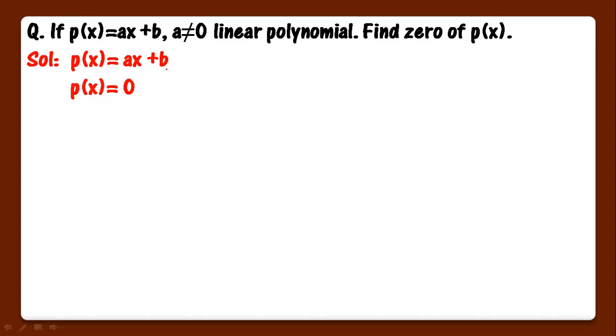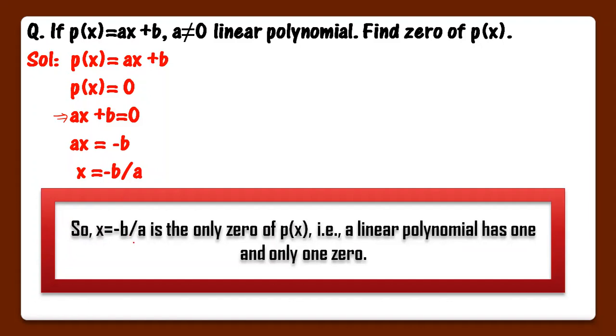We will put p(x) equal to 0, which means ax plus b equals 0. What have we implied from this? If p(x) equals 0, it implies ax plus b is equal to 0. ax is equal to minus b. Here b is positive, and going to the other side it becomes negative. What will be the value of x? That is minus b upon a. So minus b upon a is the only 0 of p(x). A linear polynomial has one and only one 0. For any linear polynomial, whose degree is 1, there will always be only one 0, and through this method we can find it out.